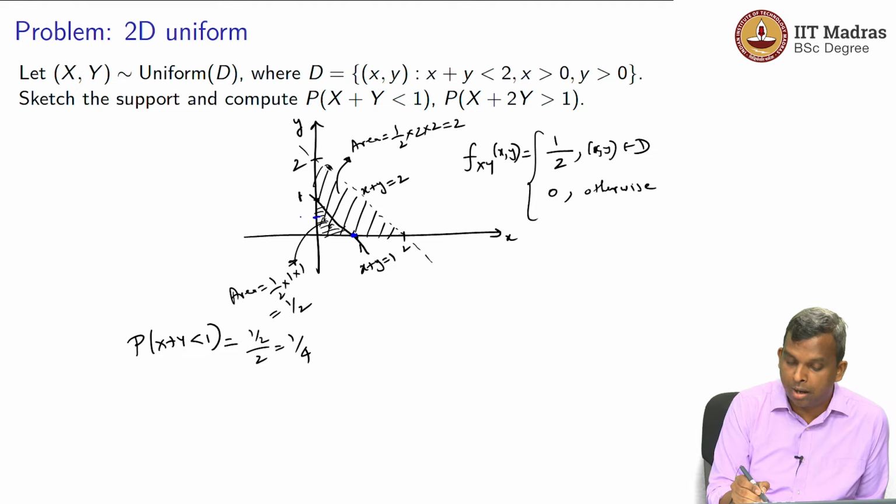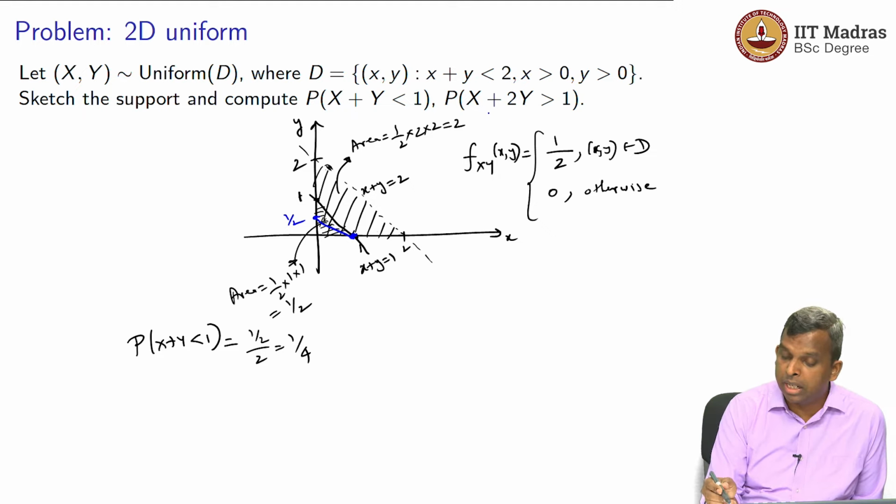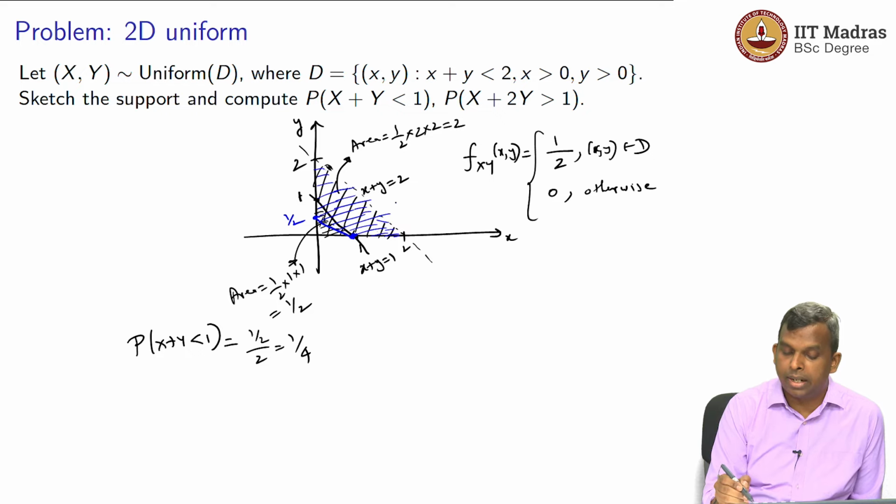It will go up to half here, I think this is the line. Okay, so when y is 0, x is going to be equal to 1, right? And when x is 0, y is going to be equal to a half, and I want x plus 2y greater than 1. So it's going to be all this area, right? This area is x plus 2y greater than 1.